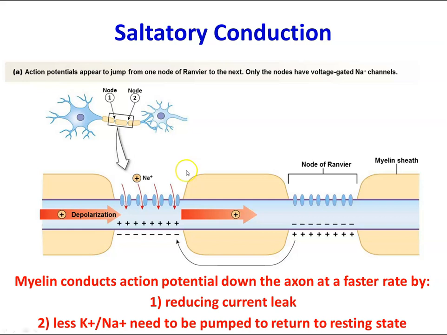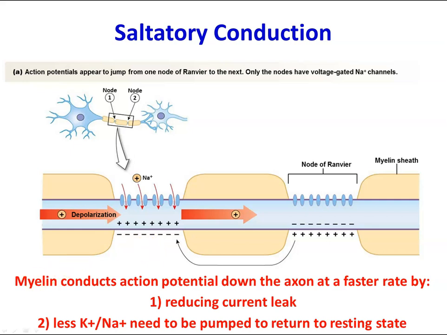Okay? And since I had these concentrated nodes of Ranvier, I only need to pump out a little bit of sodium and potassium to have this area of the axon reach resting potential. Okay? Those are the two reasons.